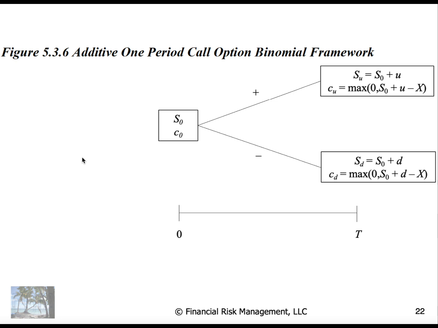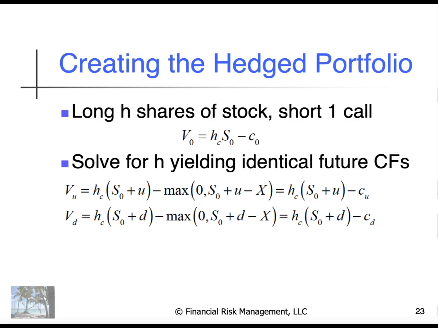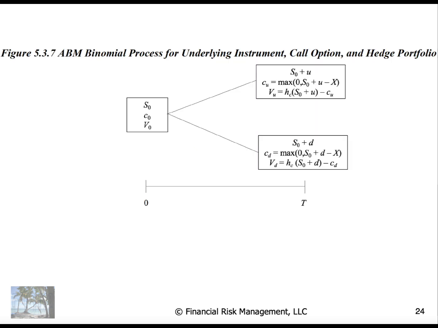And so you have the up and down within the additive 1 period call option binomial framework. Again, we want to create a hedge portfolio, so we're going to go long delta shares of stock and short 1 call. The goal is to have the terminal value of this portfolio have these two cash flows equal to each other, and we can do that by solving for the optimal hedge ratio for the call.